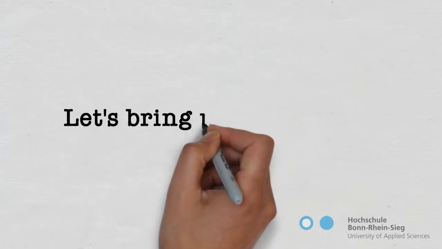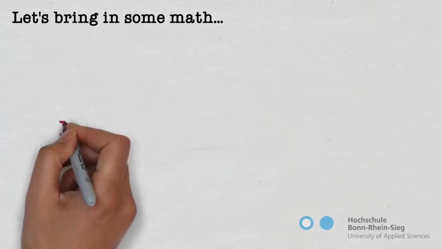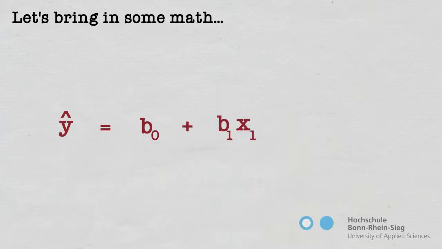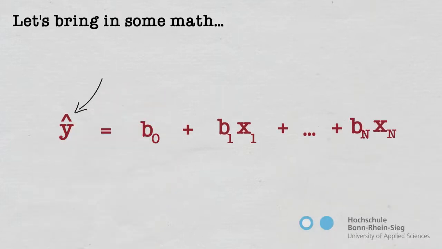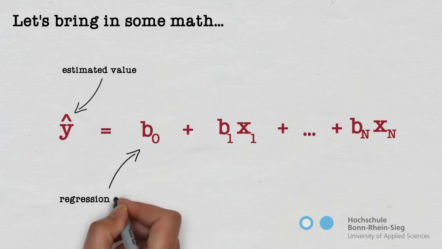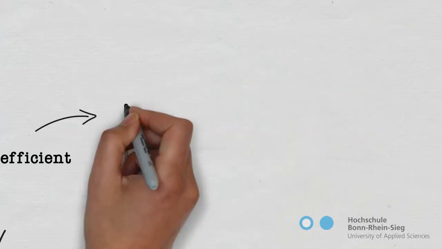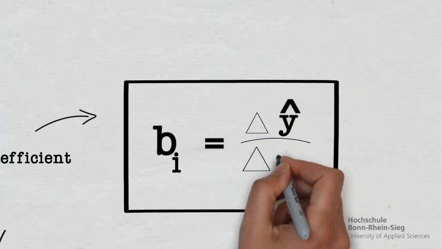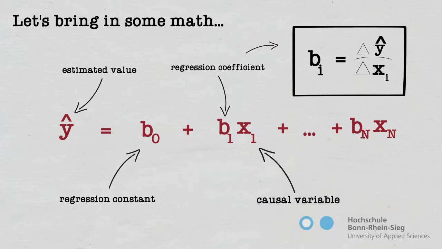So after all the theoretical stuff, let's bring in some math. Y equals b0 plus b1 multiplied with x1 plus several steps in the same way. So Y is the estimated value, b0 is the regression constant, b1 and so on is the regression coefficient, which is calculated by delta Y through delta X. X is therefore the causal variable.